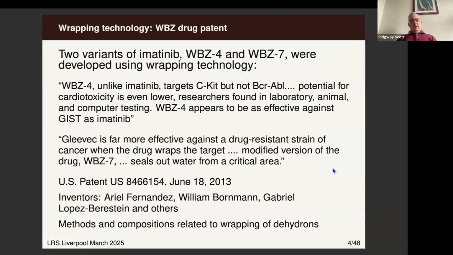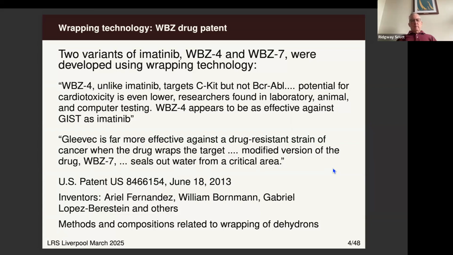Okay, and here's an example of how that was used. There are two drugs that were patented some years ago, over 10 years ago now. They were based on being able to separate two different kinases by two different drugs. One drug would attack one and not the other, and vice versa.